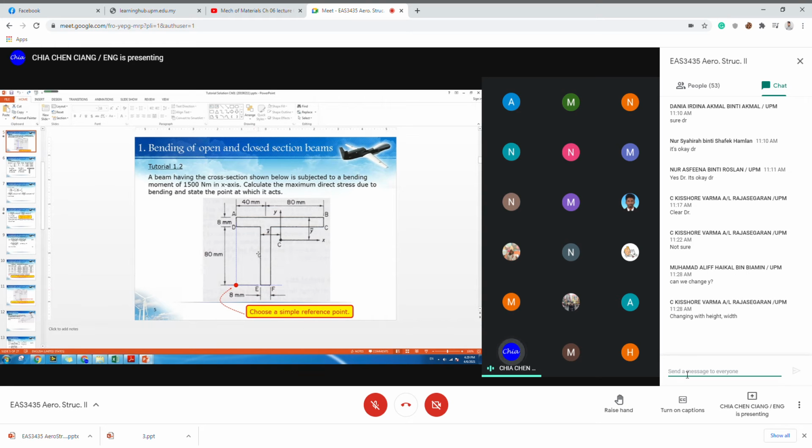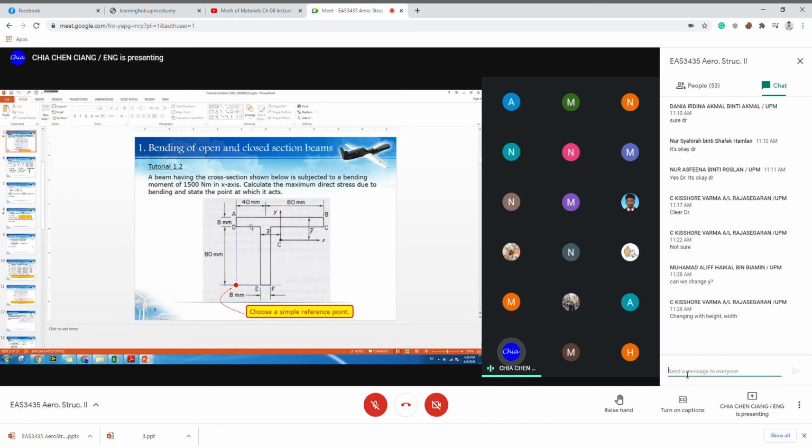Or sometimes you can reduce the length, because perhaps from D to E is too far away. DE, EF are too isolated from other members. When they are too isolated, they need to resist the bending moment quite alone. They are abandoned by other members, so they need to carry the bending moment by themselves.